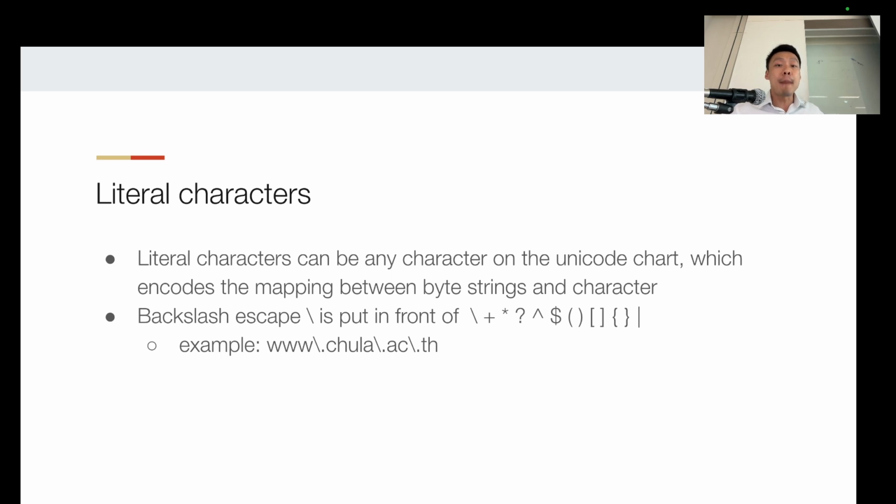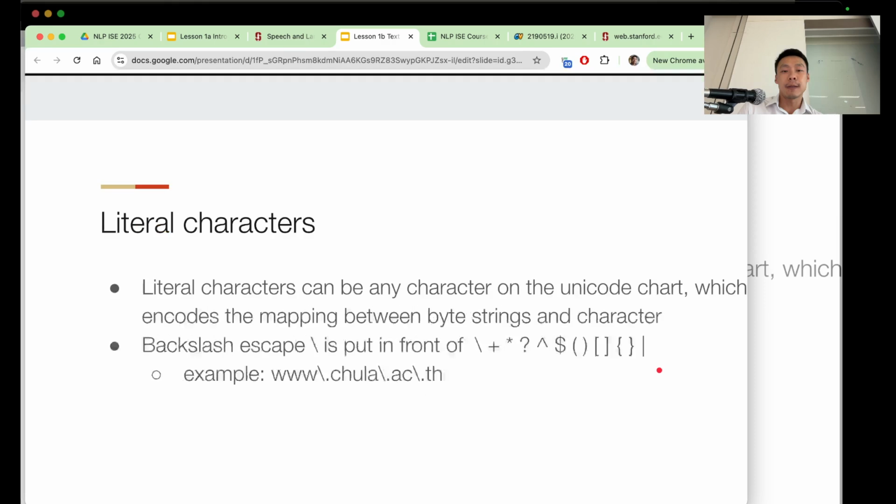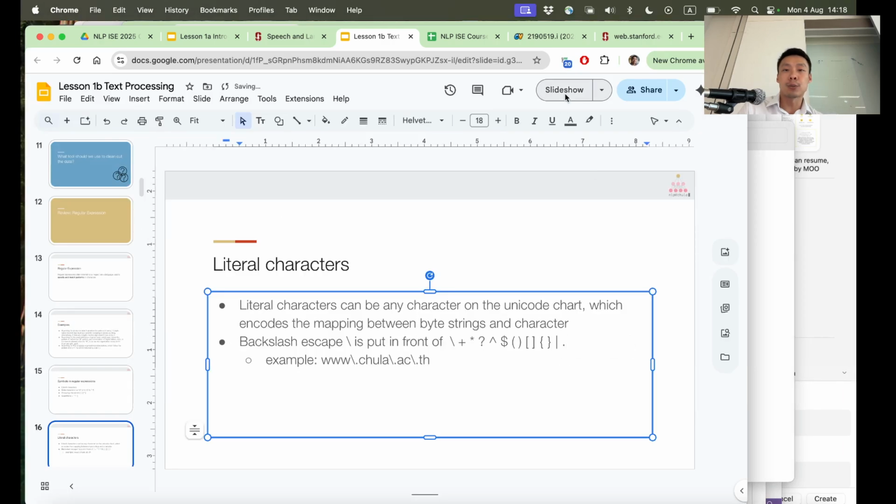Unicode encodes the mapping between characters and codes, as I'm sure you know. But there are some characters that you have to escape. We call it backslash escape. If you want a pattern that has a plus sign, you have to escape it. And also, I left one out, the dot as well.